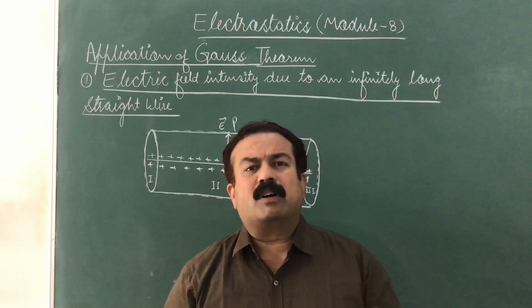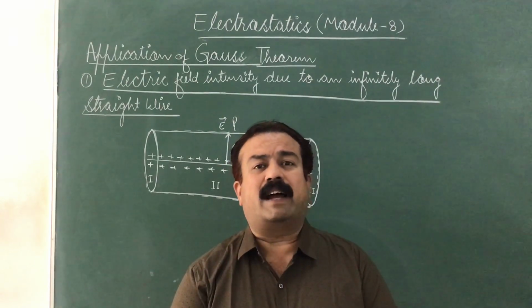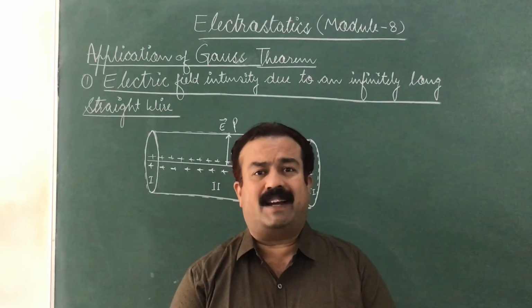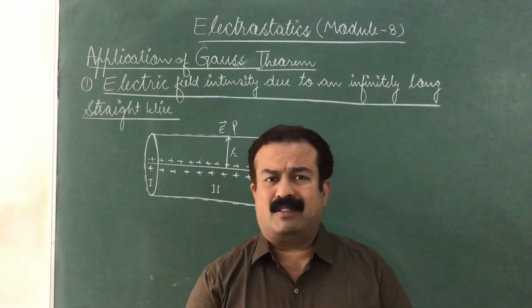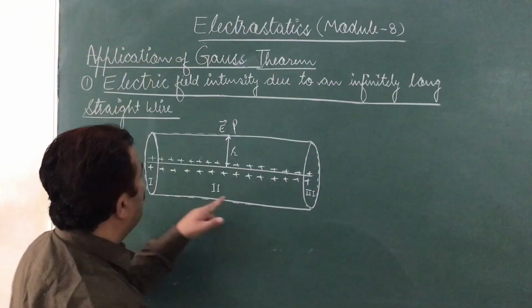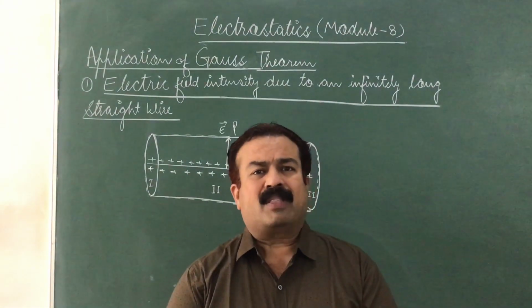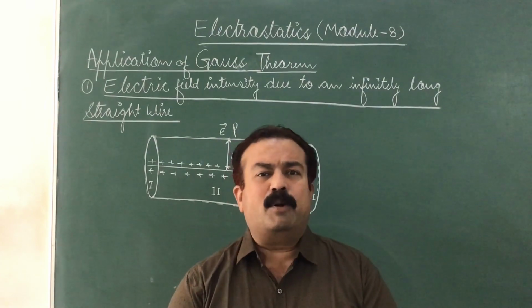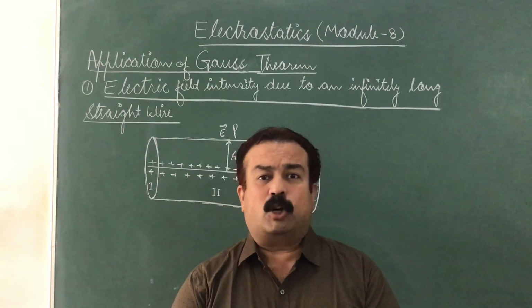The total number of electric lines of force passing through a unit area held perpendicular to that surface is called electric flux. There are 3 surfaces. So we will try to find how many surfaces of this Gaussian surface are contributing to electric flux. And then we will apply Gauss theorem.